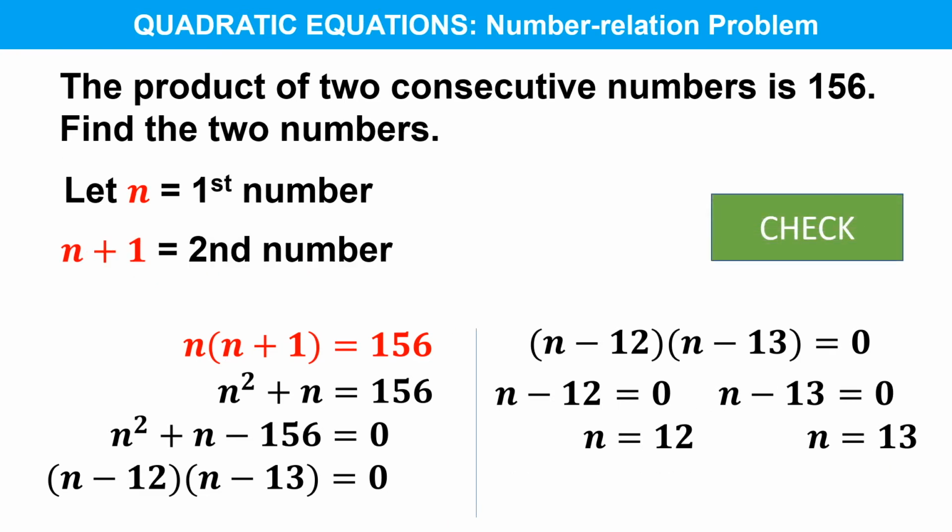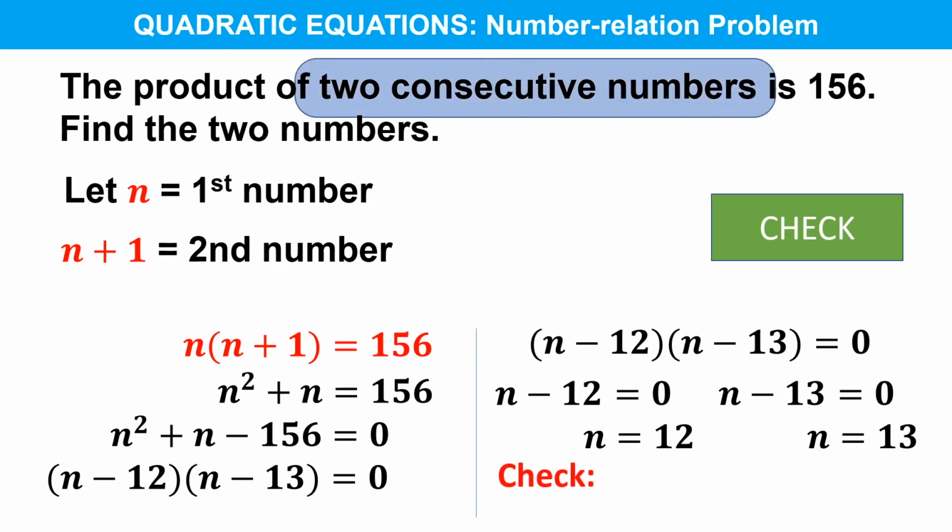One of the beauties of math is that you yourself can check or verify whether your answer to a problem is correct or not. You don't need to wait for your teacher to tell you whether your answer is right or wrong. In checking, go back to the conditions stated in the problem. With these conditions, compare the solution. 12 and 13 are consecutive numbers.